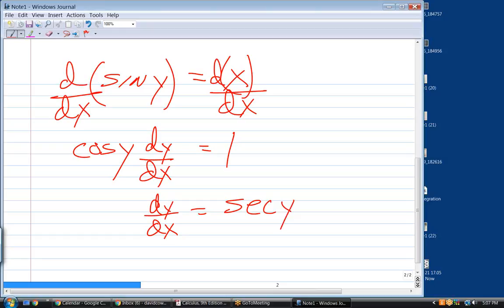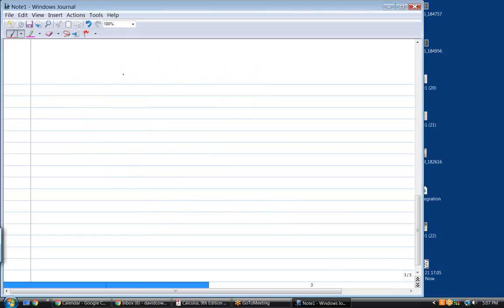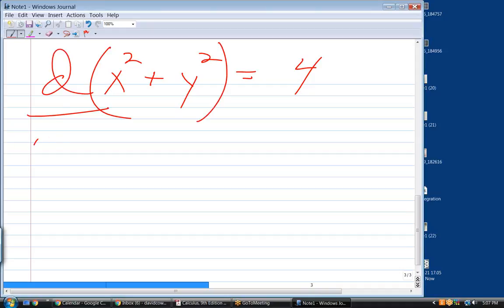I'm sure you'll have more problems that illustrate this, but let's just take this equation right here, the equation of a circle, and I want to find dy dx. So I'm going to take the derivative of the left relative to x, and the derivative of the right relative to x.